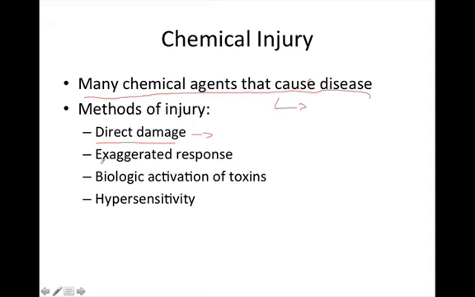Basically, if we think of an exaggerated response, this is something you're going to see a lot, especially with medications, and oftentimes with overdose.